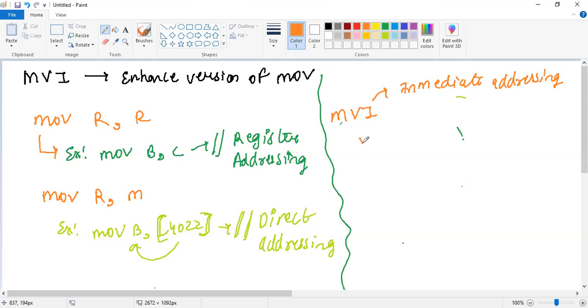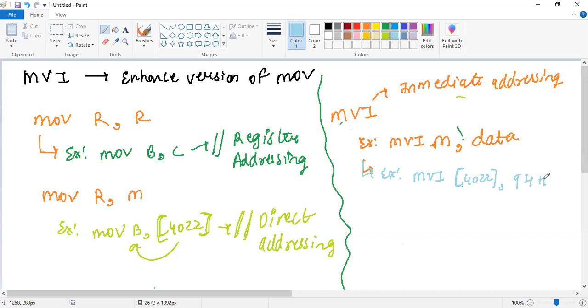For example, MVI memory and data. If we take an example, it might be MVI, the location 4022, and data 94, or anything which you want.